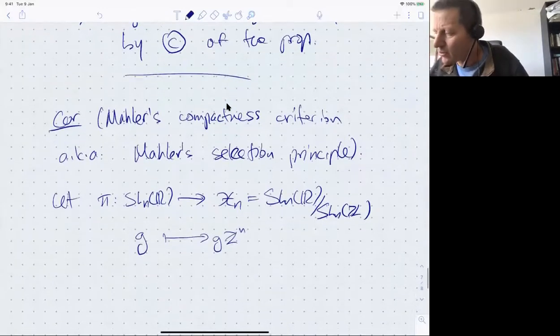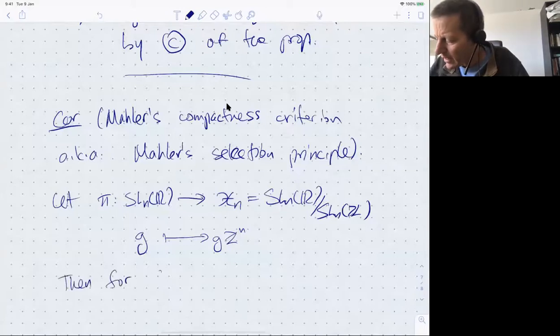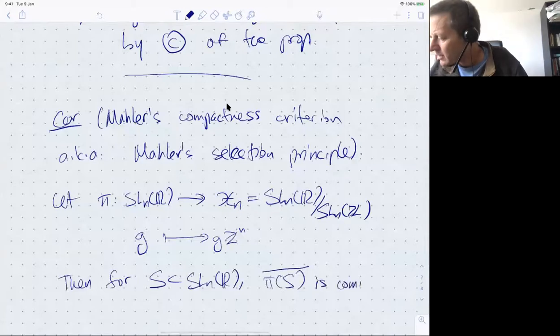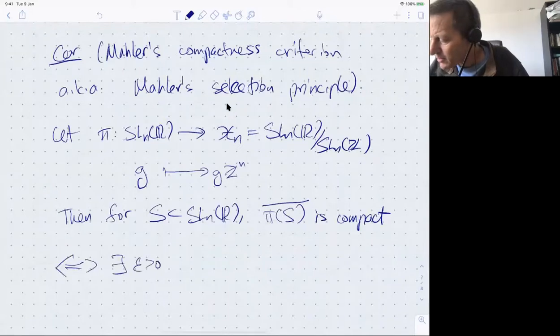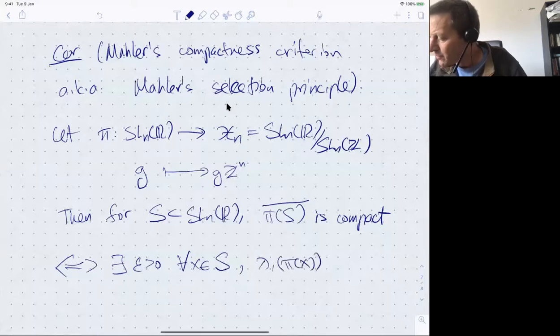And we want to know, given a set in SL_n(R), if it projects to a compact subset of the space of lattices. And so then for S a subset of SL_n(R), the closure of pi of S is compact if and only if there exists an epsilon such that for all x in S, lambda 1 of pi of x is bigger than epsilon.